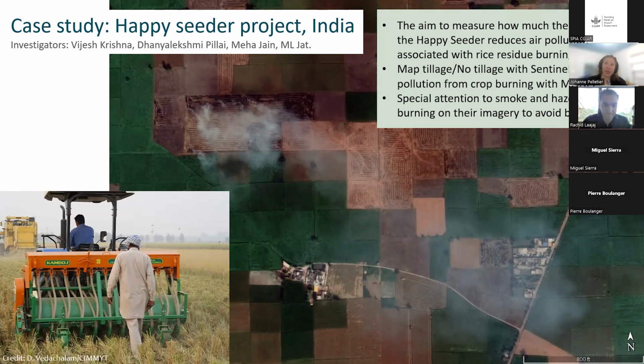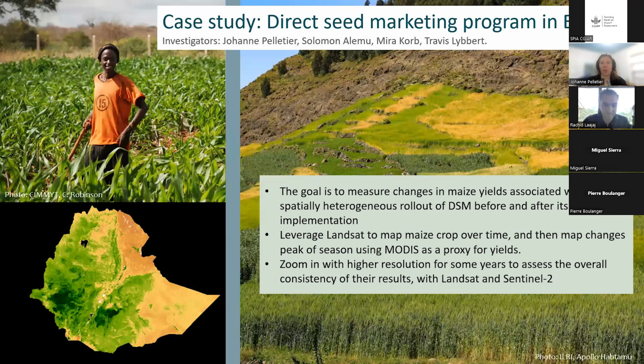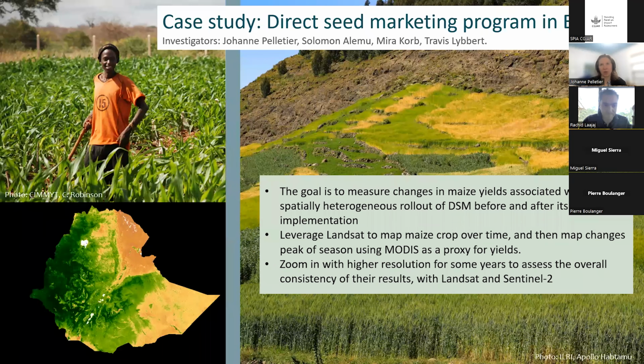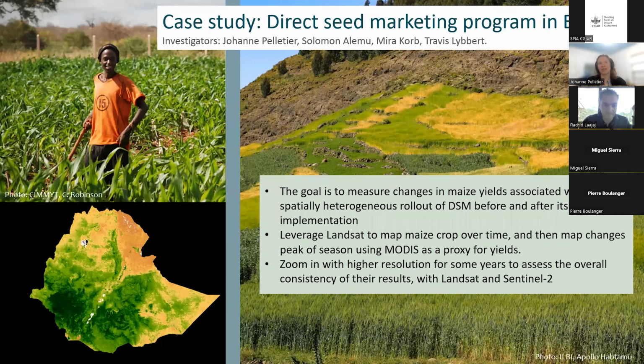There are other cases where a lot of different products are created. For each product, for example, in this case study on evaluating a direct seed marketing program in Ethiopia, there are many products that are created, and so uncertainty can really propagate in the workflow.